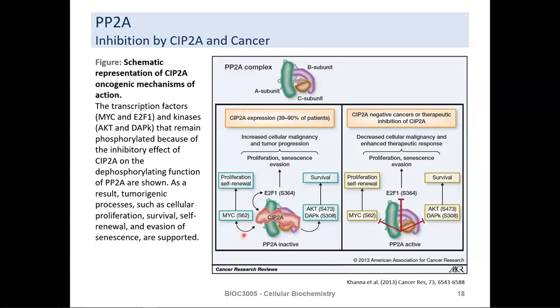And this is because the inhibitory effect of CIP2A is affecting the dephosphorylating function of PP2A.